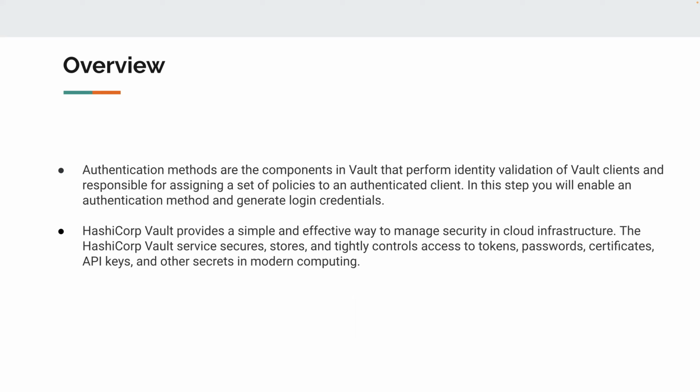There are many methods which you can use to enable an authentication method and generate the login credentials. HashiCorp provides an effective way to manage security, because not only can you do it token based, but also with PKI validations, passwords, API keys, or any cloud computing secret management methods.